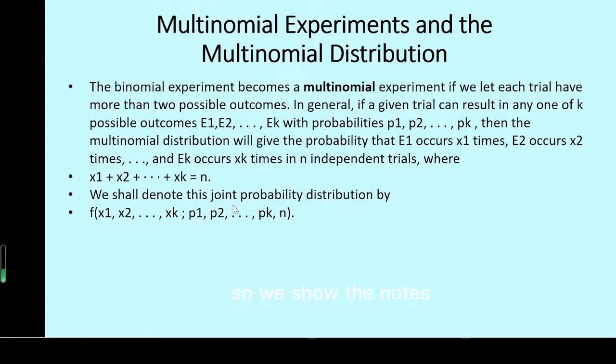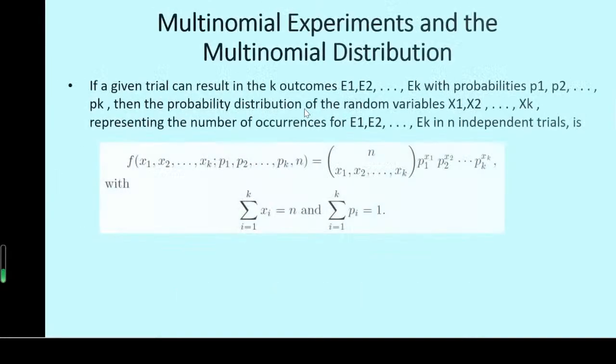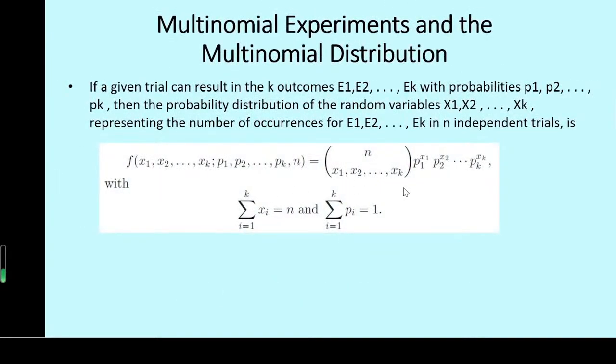We denote the joint probability distribution as f(x1, x2, xk; p1, p2, pk, n). So this is the multinomial distribution.